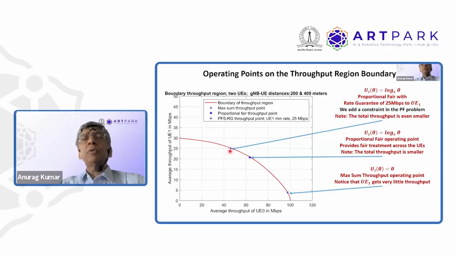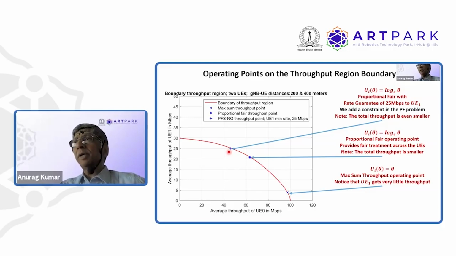Suppose the operator says, okay, I'll be proportional fair, but this user is willing to pay me more. This user says, never make my throughput less than 25 Mbps. No matter what happens, I want this throughput. I'll pay you more for that. My application requires that. We'll see applications of that a little later.